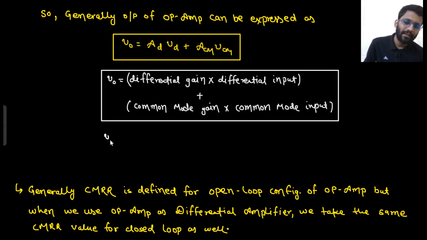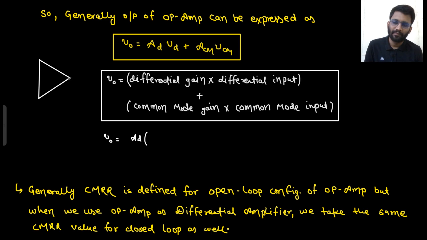Can I write it in this manner? V naught is equal to AD into, generally what is your differential input? Let's just say this is your OpAmp, with plus and minus terminals.